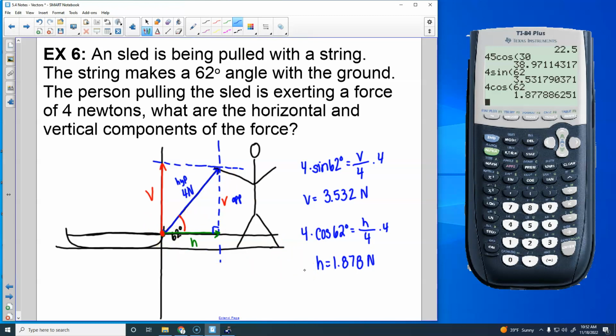So if our stick figure took their arms and did this, and that angle was lower, that would make them more efficient, right? Another way you could achieve that is if you had a longer string, that would make the angle less, because rather than the sled being right here, it'd be way over here.